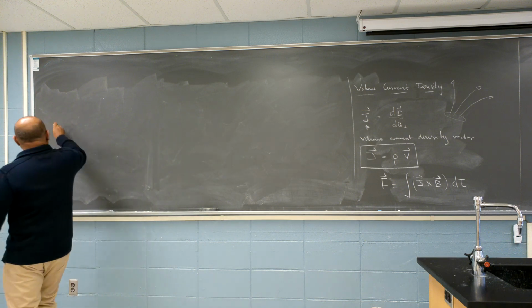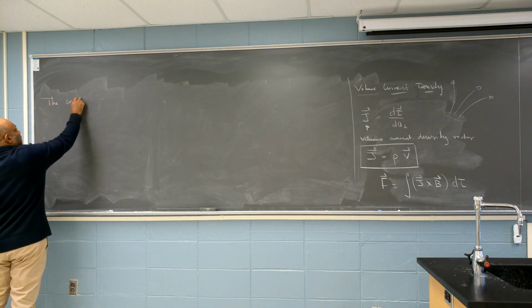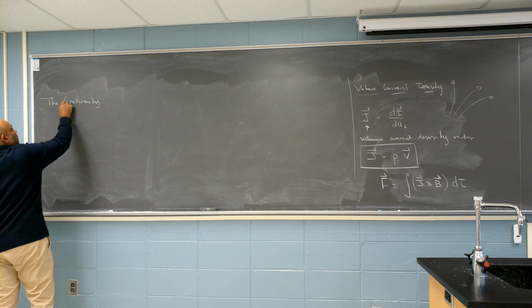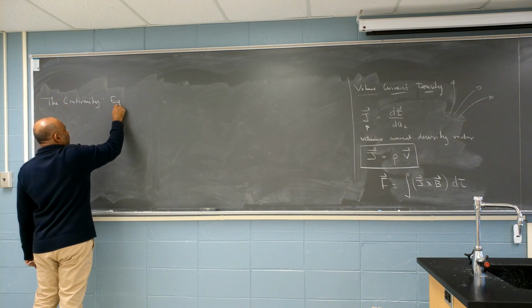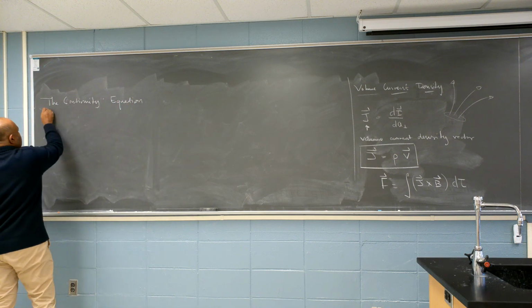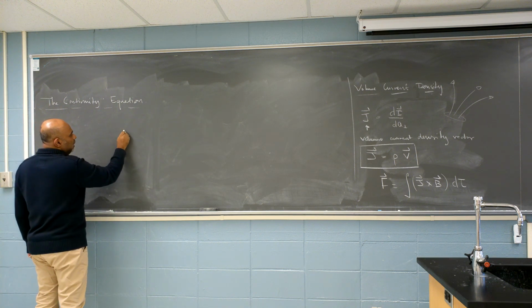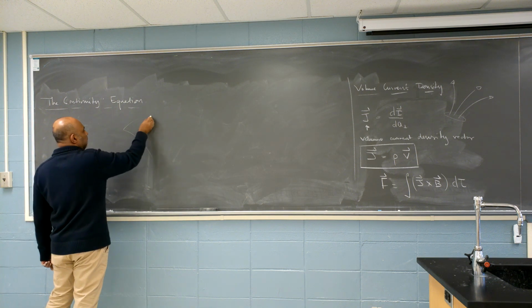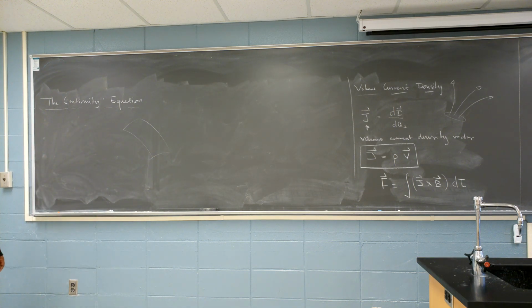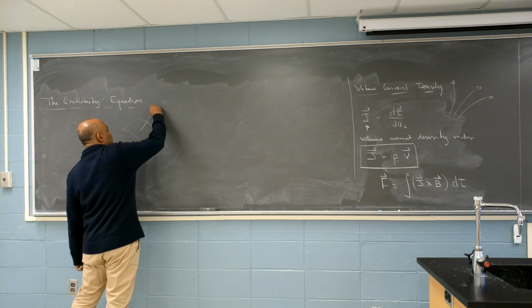This is a very important result. The continuity equation. Suppose I have an area. And I have this J vector here.